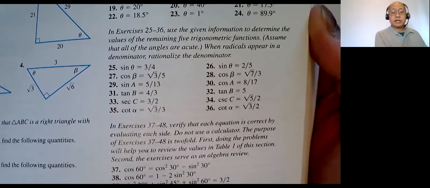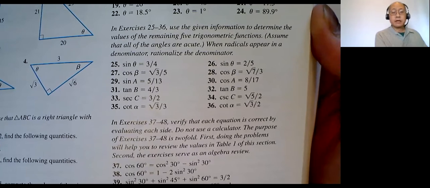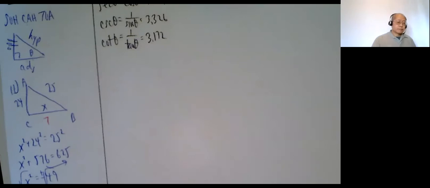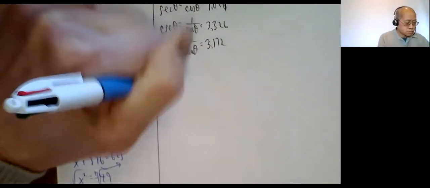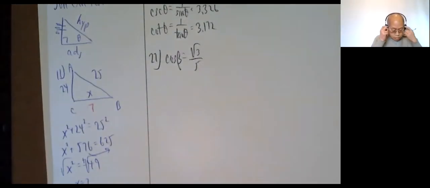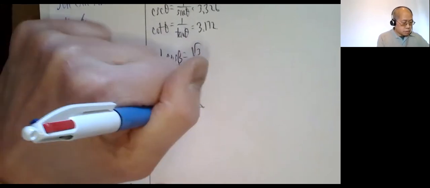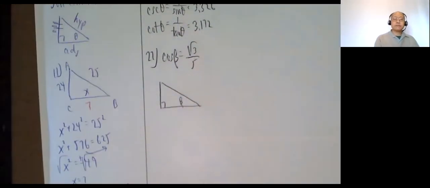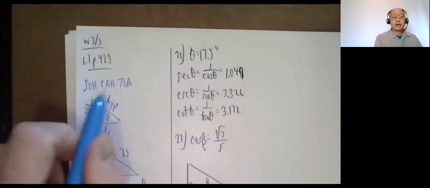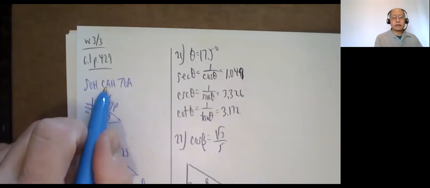Let's see, 27 looks a little bit complicated, so let me do 27. Cosine beta is radical 3 over 5. So make my triangle with angle beta. Cosine is what divided by what?